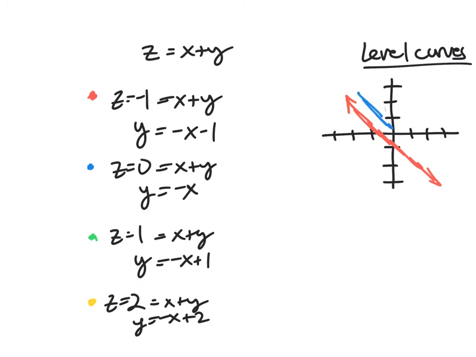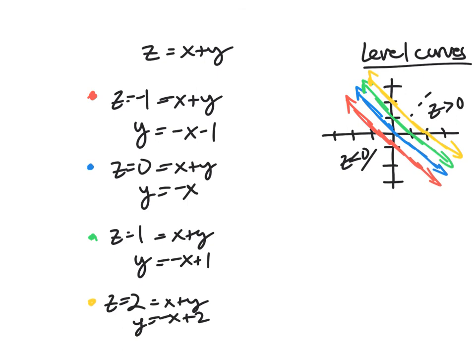Next one goes through the origin, slope negative 1. Next guy goes through 1, and they're all parallel to each other. And it looks something like this, right? And of course, these would extend forever in each direction. So, this goes up with positive z, and these ones are negative z.